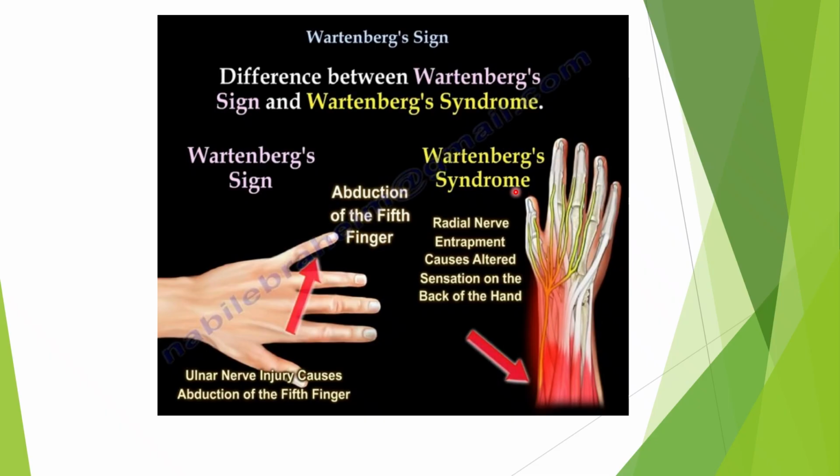Whereas Wartenberg syndrome is the pain and altered sensation on the back of the hand due to the radial nerve entrapment. So note this, Wartenberg sign is described with the ulnar nerve and Wartenberg syndrome is described with the radial nerve.